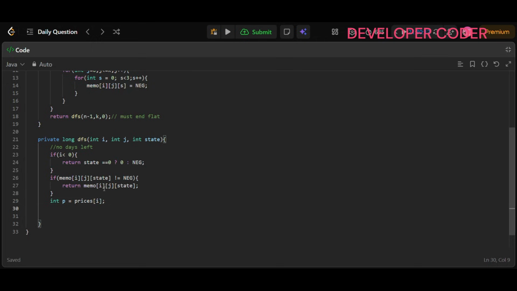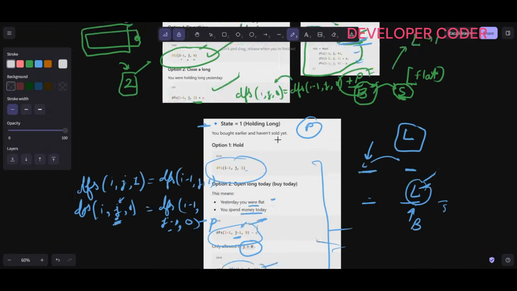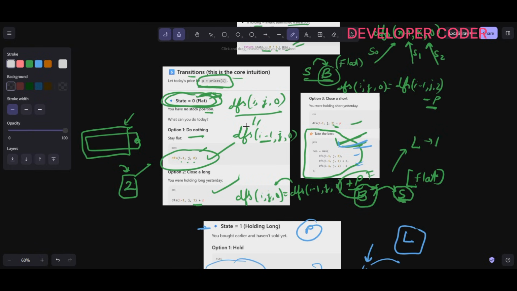Now here long result, and now you have to check all the 3 states one by one. If state is equal to 0, so now we are going to use these things, this is already clear, if state is 0. So dfs of i, j, 0 is equal to dfs of i minus 1, j, 0 if you do nothing. So I can refer to this as result.